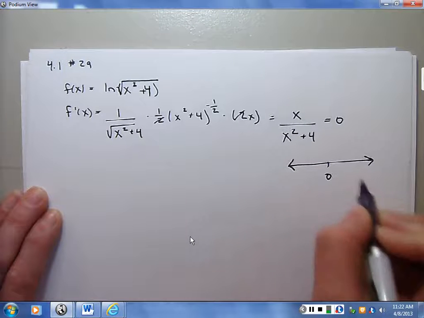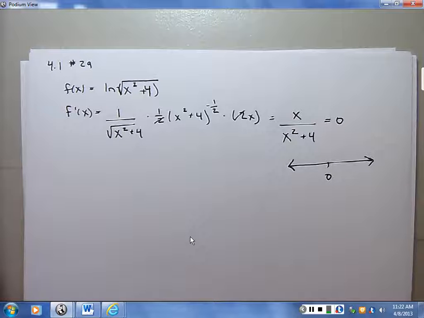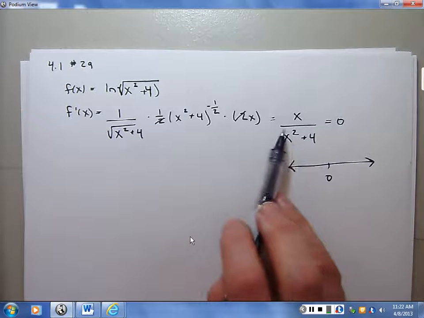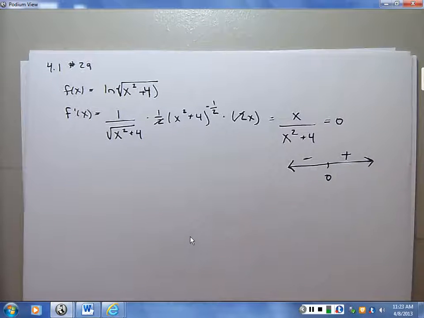When x equals 0, right? The denominator never equals 0, so I don't have to worry about critical points being undefined. I only have to worry about stationary points. If I plug in a negative number, the bottom's always positive, so then I have negative, positive. So the function is decreasing from minus infinity to 0 and increasing from 0 to infinity.